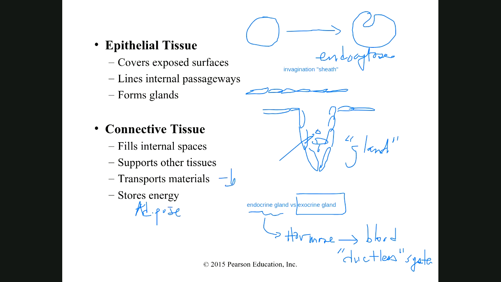Transport material, like the blood, is a specialized connective tissue. Okay. Support other tissue, this could be a number of things like loose areolar. We're going to see what is the difference between tendon and ligament. Okay, tendon and ligament.